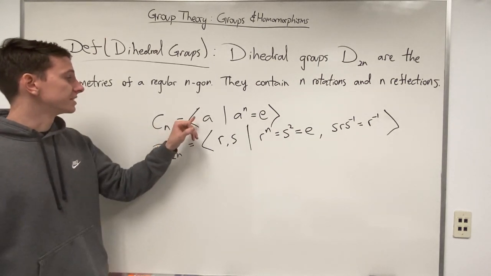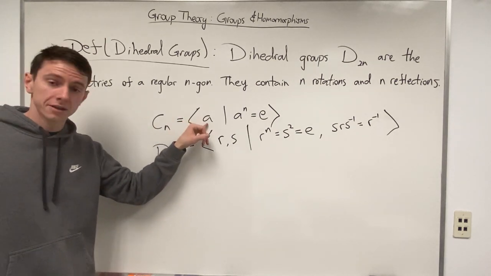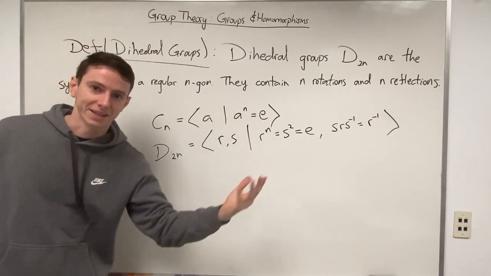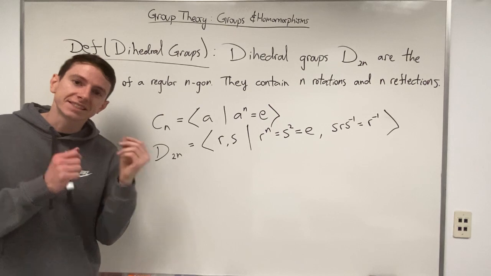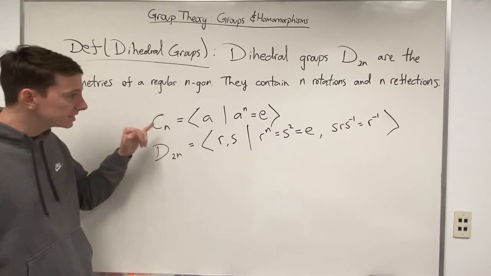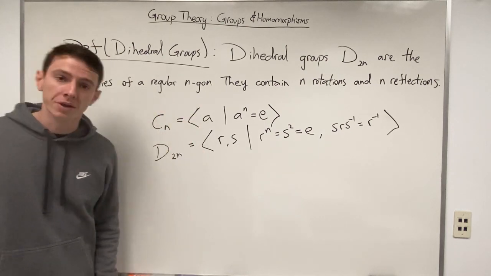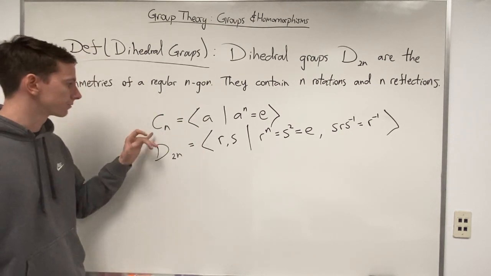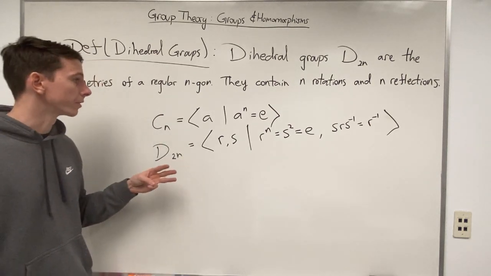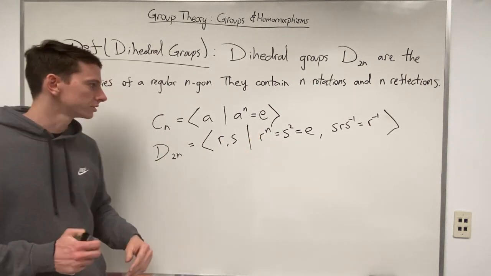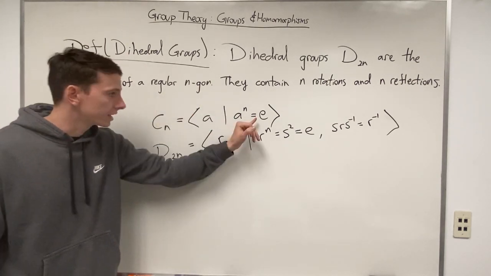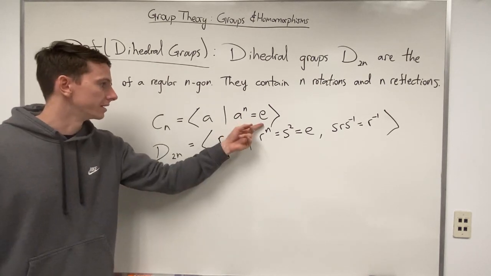So C sub n is going to be the set of elements a such that if we raise a to the nth power, we're guaranteed to get back to the identity element. Any cyclic group is going to have this property. I recommend trying this out for some small values of n, so maybe C sub 2, C sub 3, C sub 4. If you take any of those elements and raise them to the nth power, you are going to loop back to the identity.